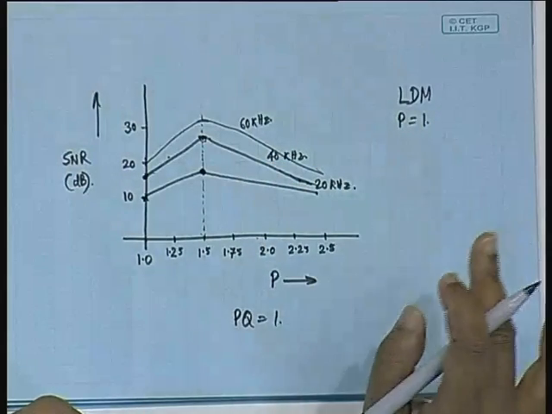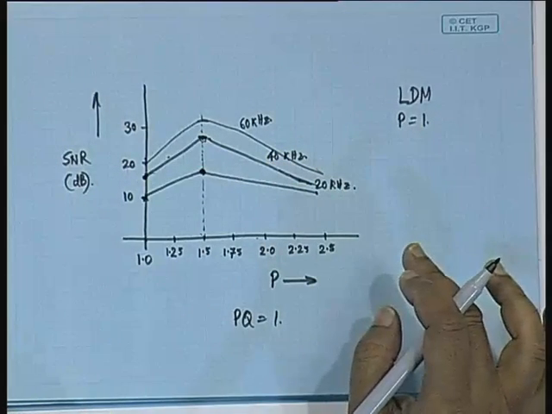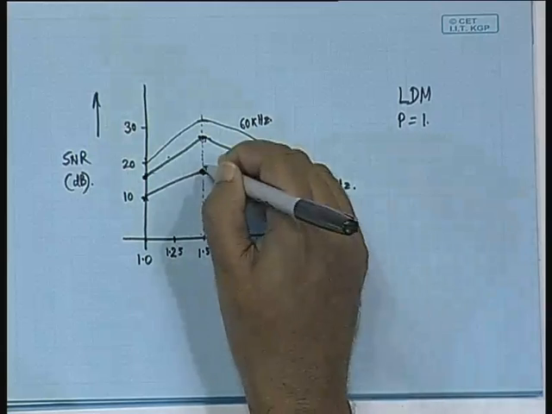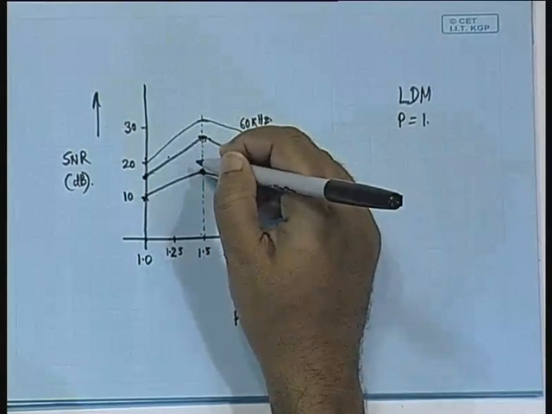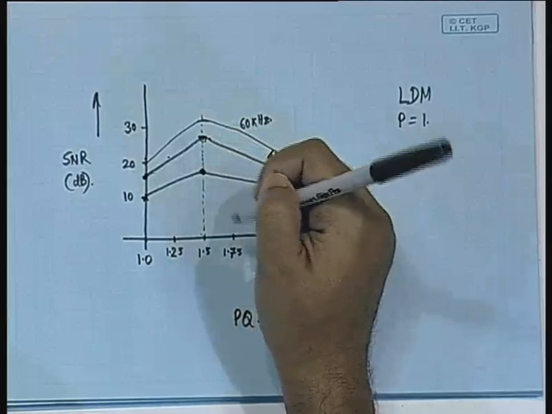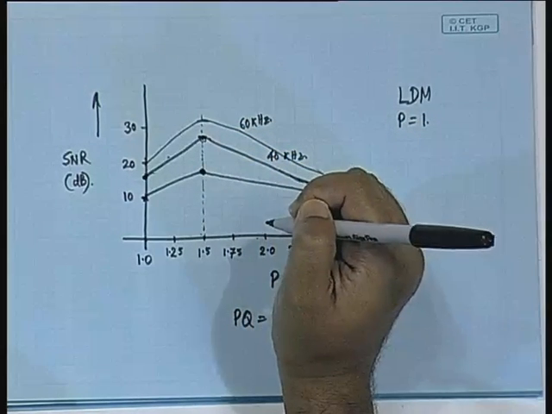Anyway, that aspect we will talk about later on, but it suffices to say at this point that we are going to have a 10 dB increase. So this is something which is very striking.